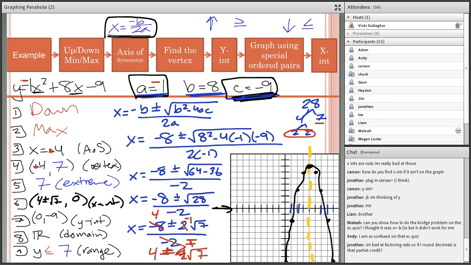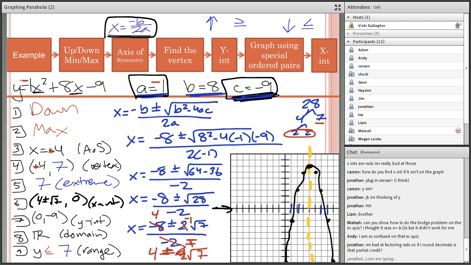All right, that was like the first question you guys asked. Let's do a vertex form one. Okay, so I'm going to clear my screen.